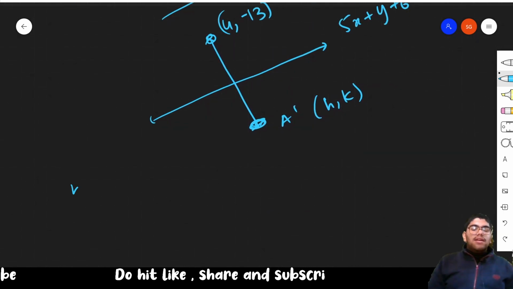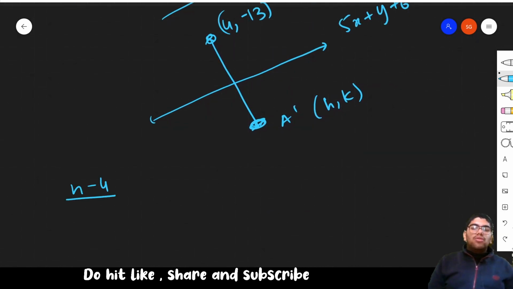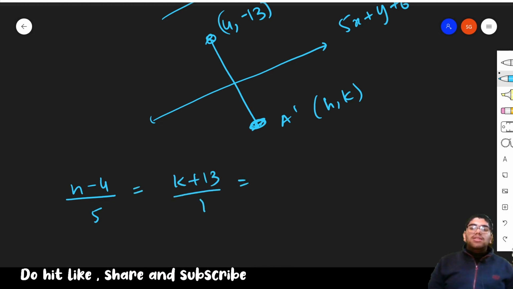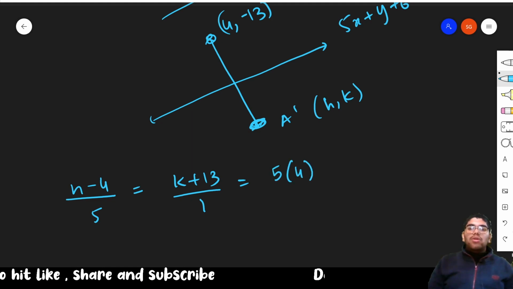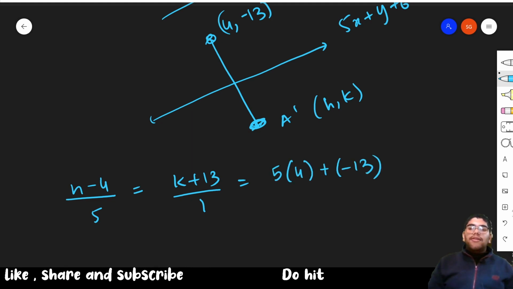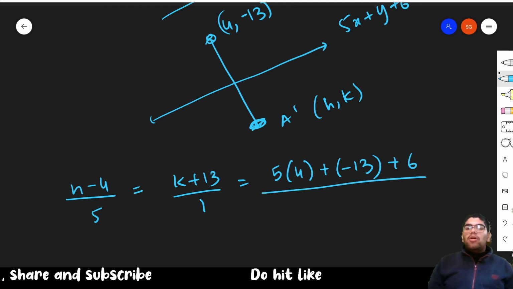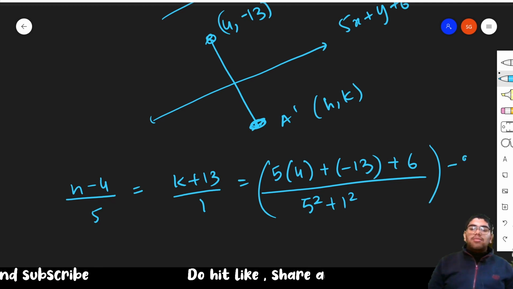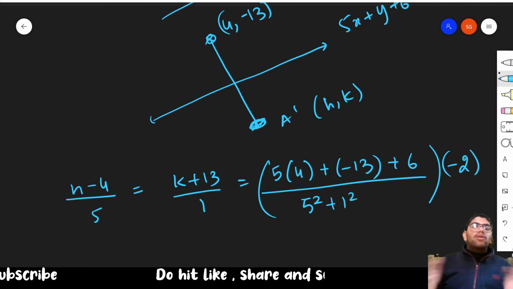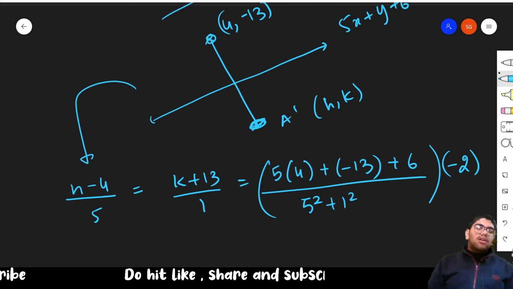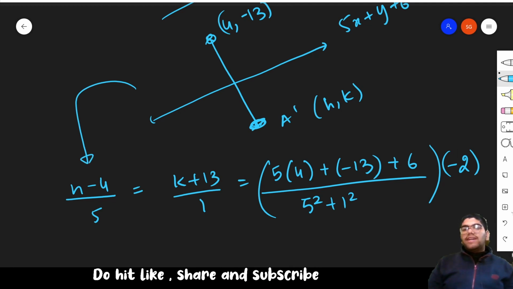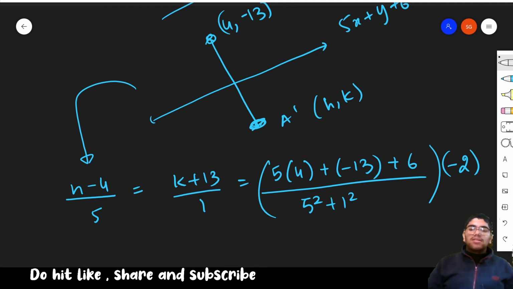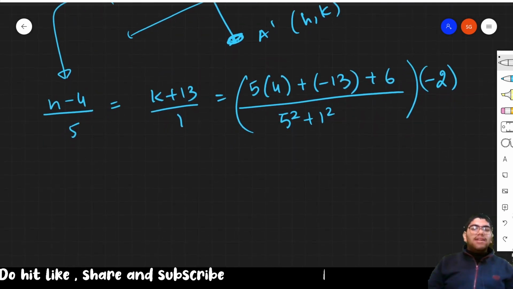I know that h minus 4 by 5 is equal to k plus 13 by 1 is equal to 5 times of 4 plus minus 13 plus 6 upon 5 square plus 1 square, and I'll multiply this expression by minus 2. How I wrote this expression, you must definitely check the Mathematics in Minutes series for the detailed explanation. It is I think a 5-10 minute video, and you'll be able to grasp things. So I'll prefer using that first of all.